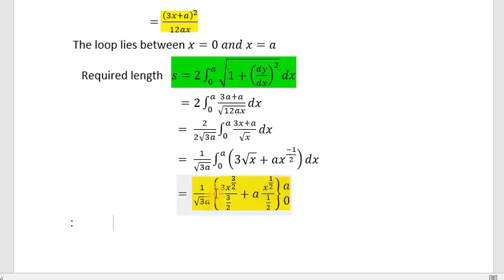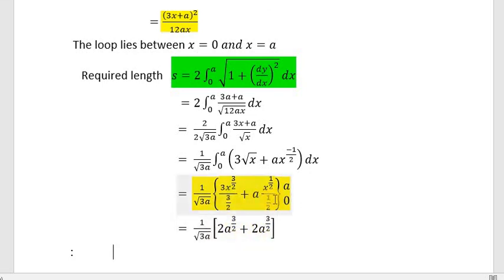Again simplifying this, we get 1 by root 3a of this, 2, 3 get cancelled, 2 is taken to the numerator, so it is 2a to the power of 3 by 2 plus, here also we simplified, we took 2 to the numerator, so it is 2 into x to the power of 1 by 2, we have applied the limit a here, so in both the cases we have applied.